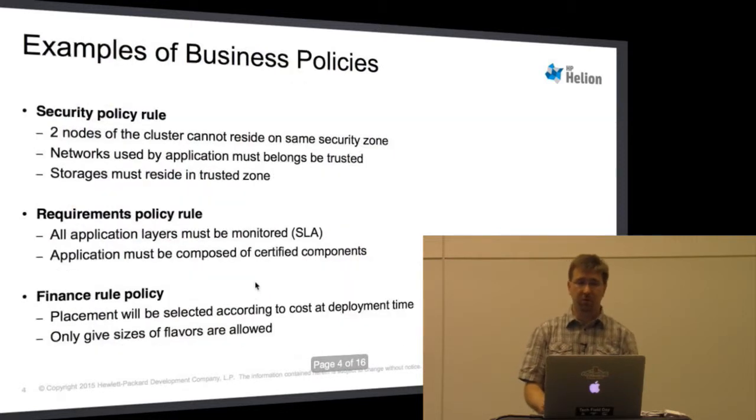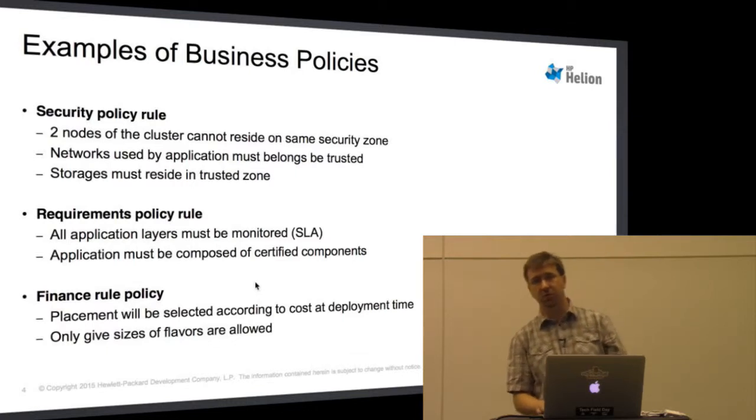So I will give you a few examples of business policies as we want to model them. They can be split into a number of categories; here I've just picked three of them. Security policy rules: you want to have the ability to say, for example, that the storage has to be located in a given geographical zone, otherwise the application won't be able to deploy.